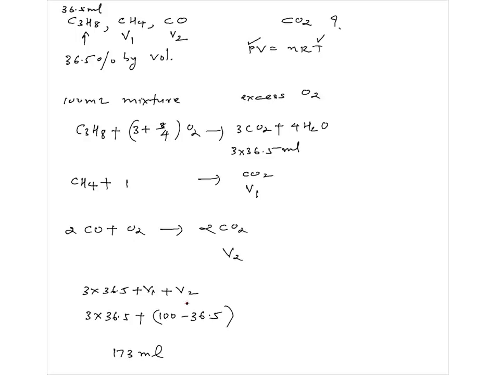So V1 plus V2 is 100 minus 36.5 ml. So 3 times 36.5 plus 100 minus 36.5. Just calculate that and see if you are getting 173 ml. And any questions, if you have, then let me know.